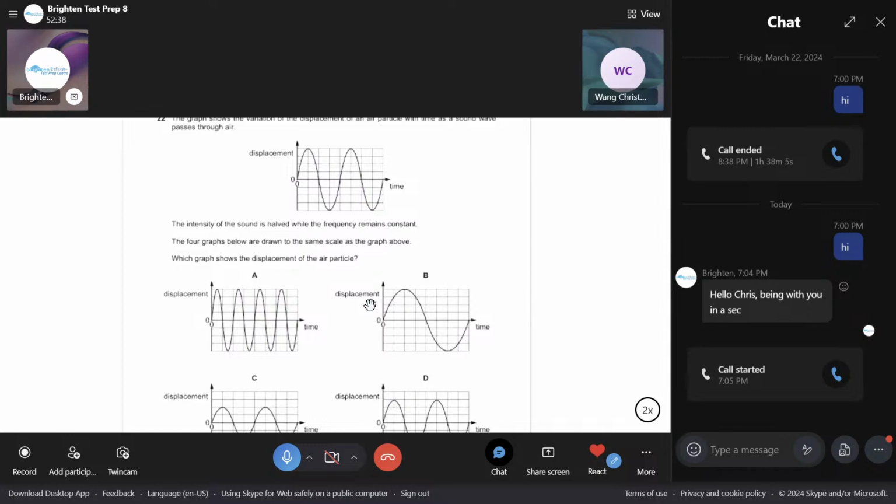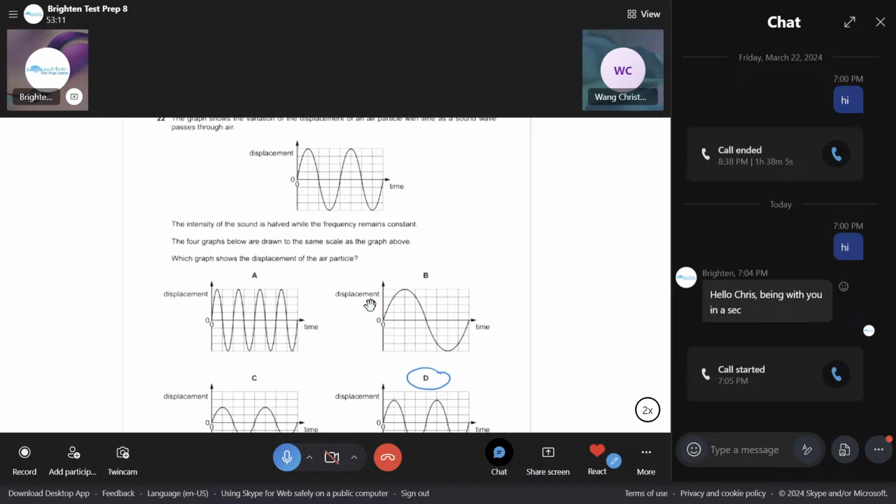D. D, okay. Why? Because nothing else changed, but the intensity is halved. So if we change that to displacement, then displacement is divided by the square root of 2.